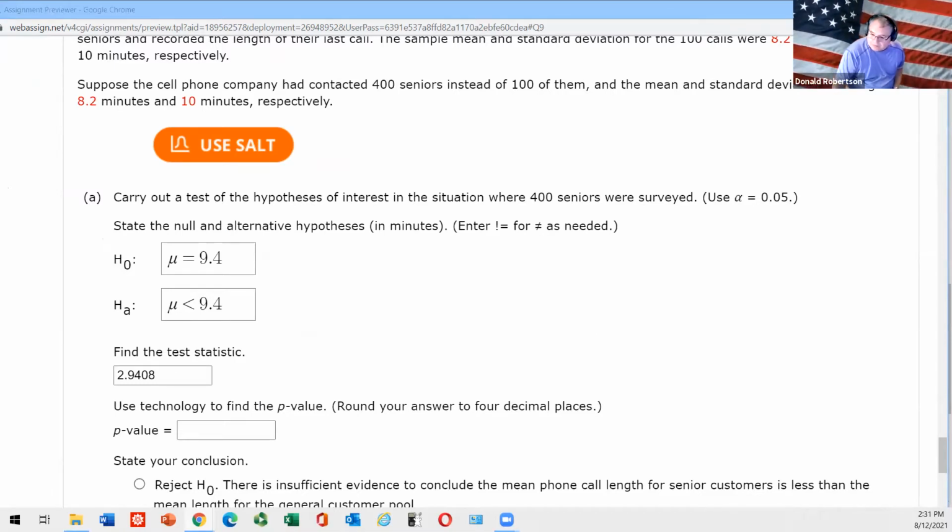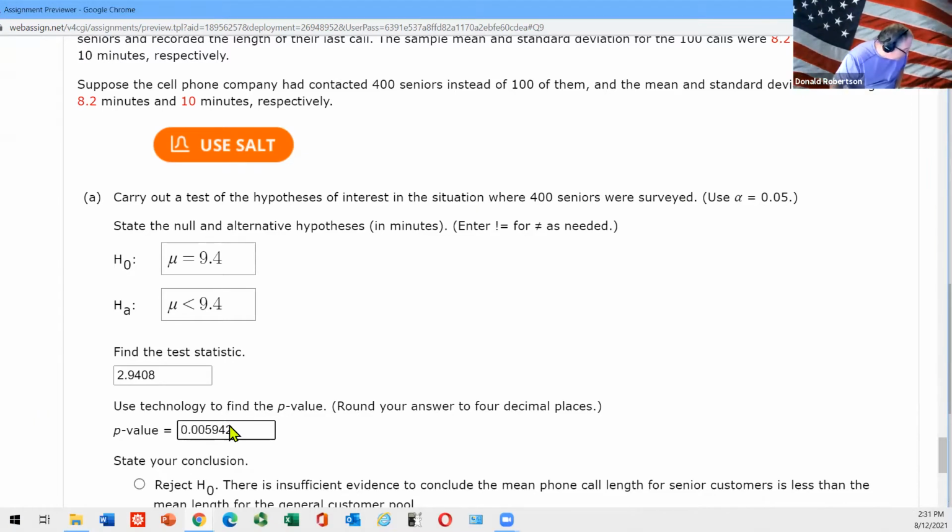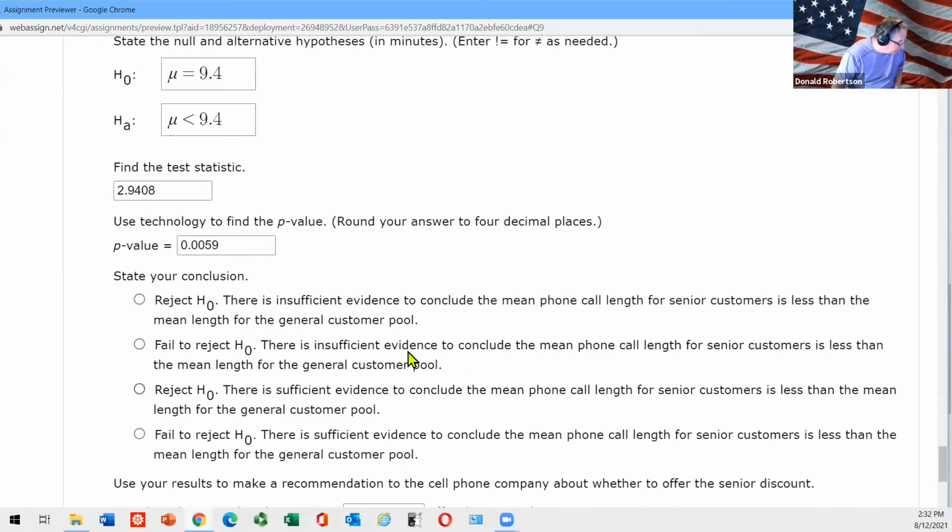Here's your p-value, four decimal places, right? Is this less than 0.05? Yes, it is. And so we're going to reject it, and we're done. Basically, we've shown that older people typically spend less than the average 9.4 on the phone.